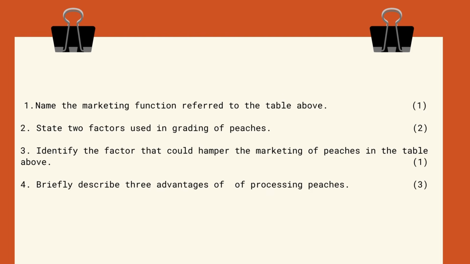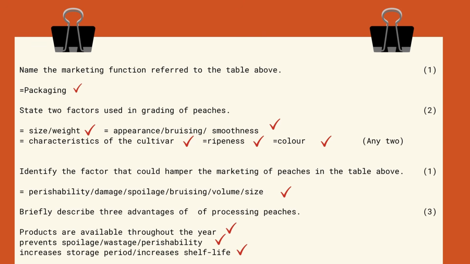Now, let's look into our answers. The marketing function that is referred to there is packaging. And the factors that are used in grading of these peaches, if you look at that table, it's clear. So it's either the size or appearance of the peaches, or the weight, basically, and also the bruising and smoothness.